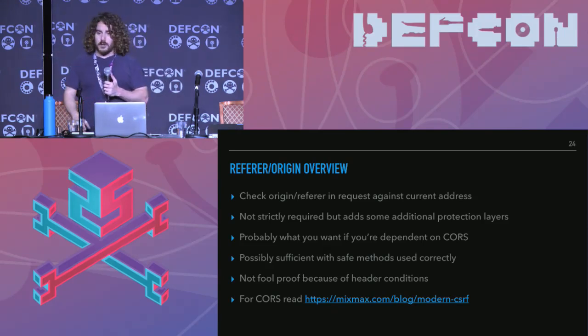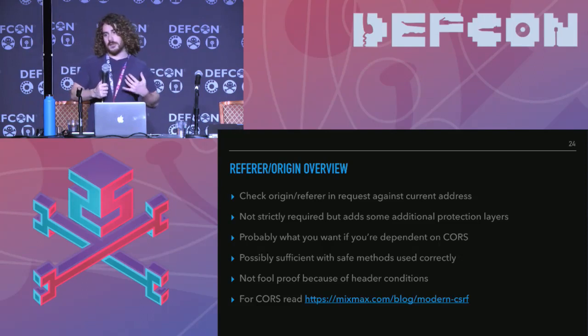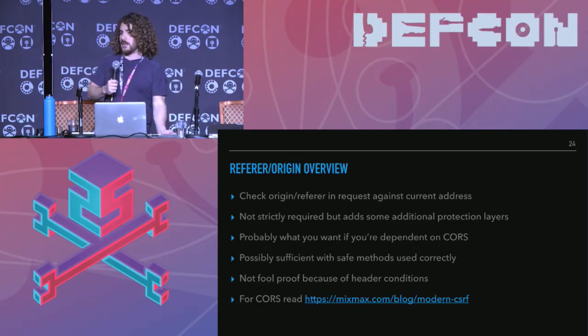So if I'm on account.php and then I go to transfer.php, the referer is going to have the URL of account.php. So it can track where I was before I got to this URL and how I got there. The origin header is used mostly for cross-origin requests and XHR. So you may or may not see it in all requests, but it could be there.